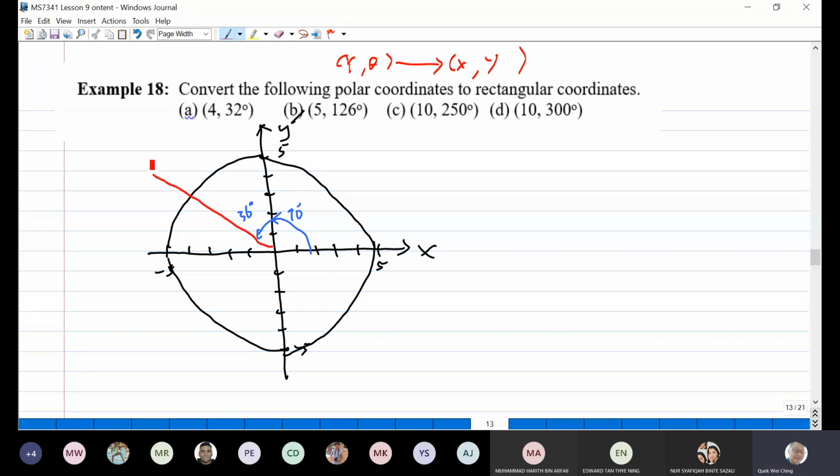So the point is somewhere here now. Radius is 5, direction is 126.